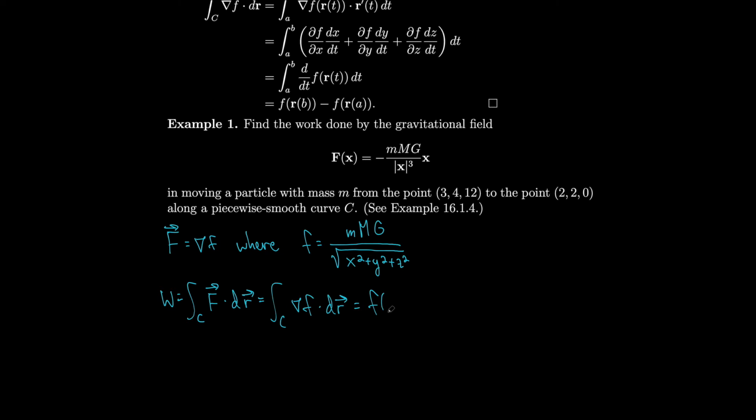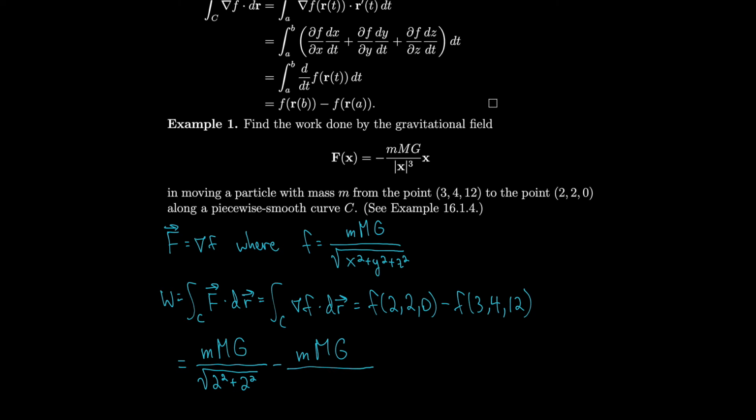So that's just going to be f of (2, 2, 0) minus f of (3, 4, 12) by our fundamental theorem for line integrals. So that's mMG over the square root of 2 squared plus 2 squared, and then plus 0 squared, so we don't have to worry about that, minus mMG over the square root of 3 squared plus 4 squared plus 12 squared.